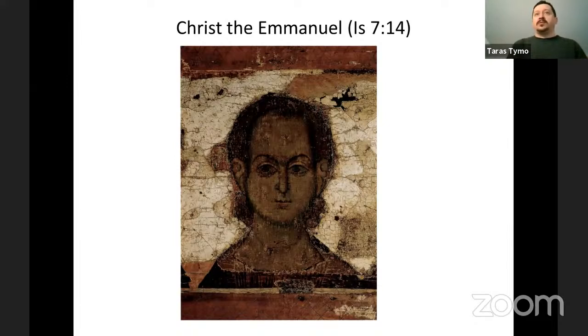And as I said already, the name itself, Emmanuel, means God with us, and it's a reference to the prophecy of Isaiah 7:14, that a virgin will conceive and give birth to a child, and his name will be called Emmanuel. And this prophecy is quoted in the first chapter of Matthew in the Nativity story.